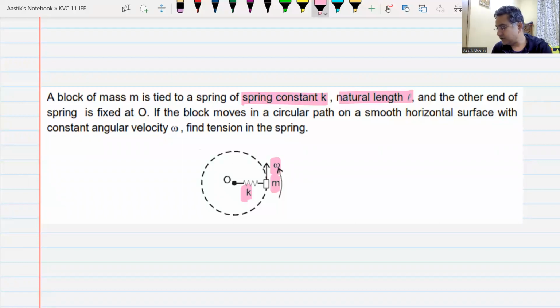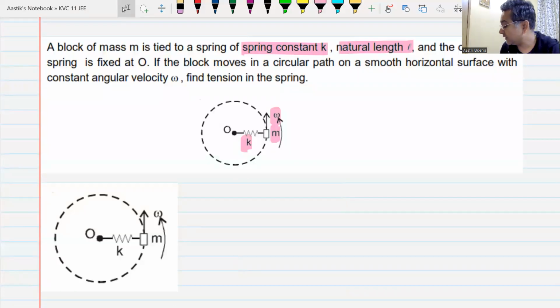So how are we supposed to do this? We have to draw the free body diagram. I think it is already there. Again, I will draw one. This is the free body diagram I have drawn.